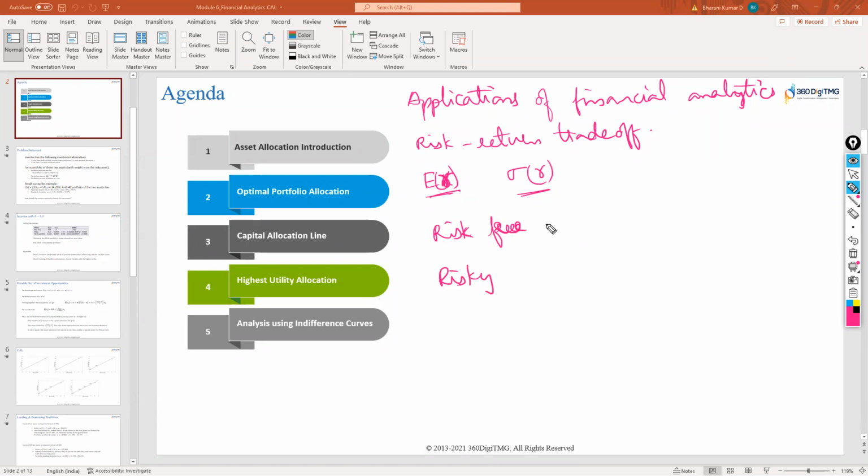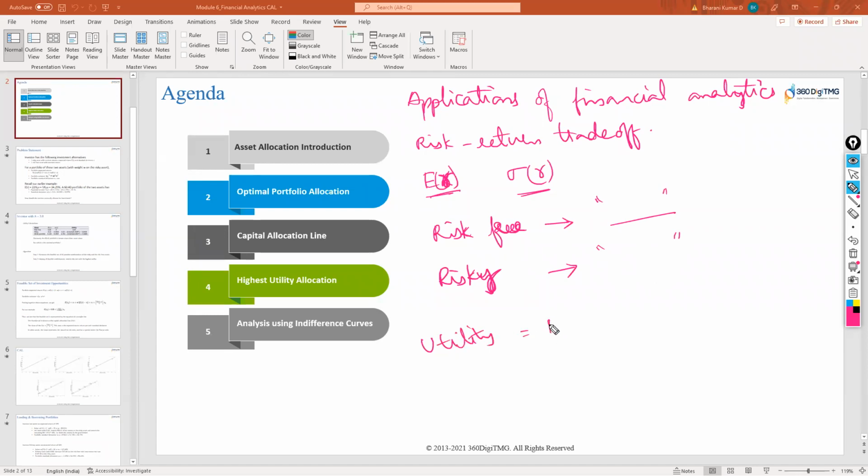If we want to completely invest in risk-free or completely invest in risky, that means take your complete money and either invest it in risk-free or invest it in risky, then how happy would a person be? For that, we looked at the utility function.